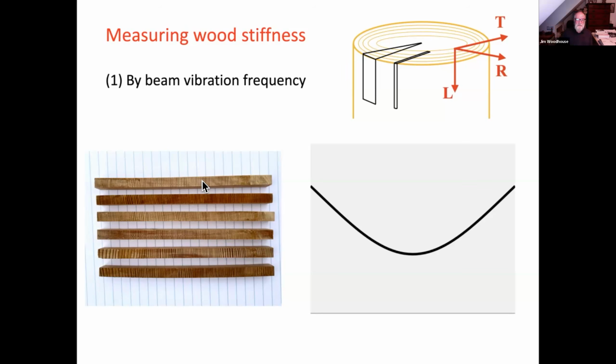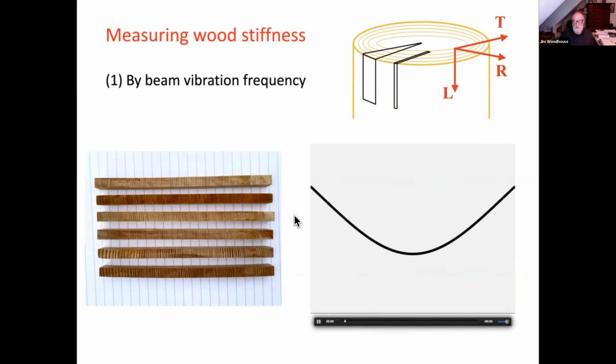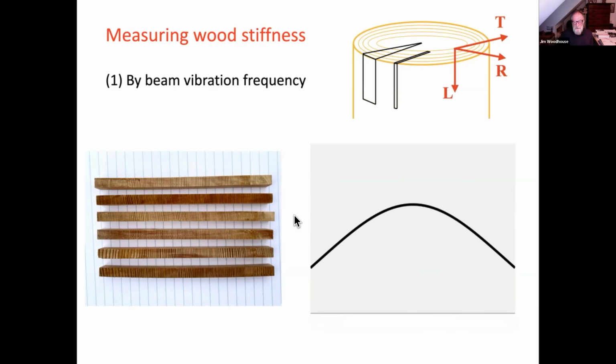Well, I said we could stretch it and measure how much it stretches. That's actually a relatively difficult thing to do. There's a much easier thing to do, which is to measure the bending frequency. So the lowest vibration mode of one of these little bars, this is an exaggerated scale, of course, vibrates just like the lowest mode of a xylophone bar.